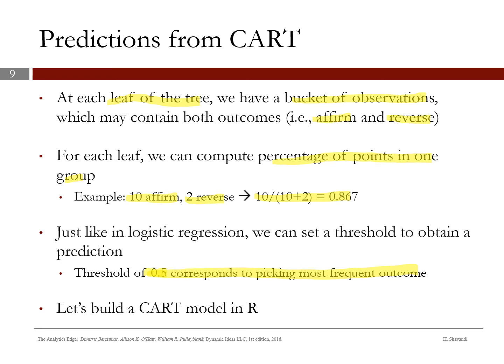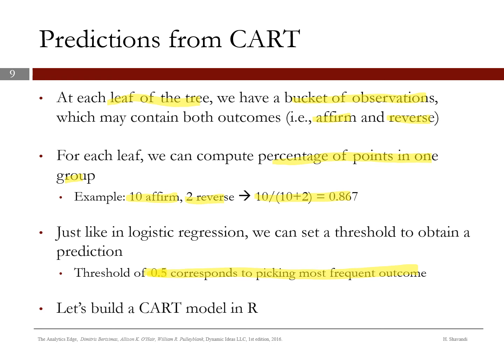But if we have a continuous outcome, like the dependent variable in a linear regression model, then the prediction for each group or bucket would be the average value of the dependent variable over all training points that were classified into that group.